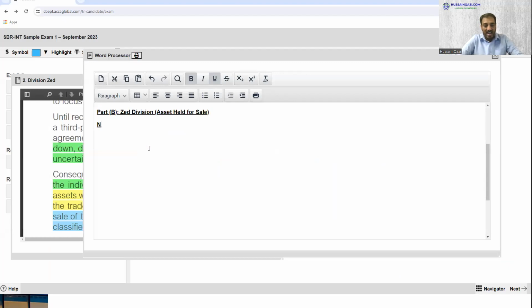So number one, you have to mention something: non-current asset held for sale classification.